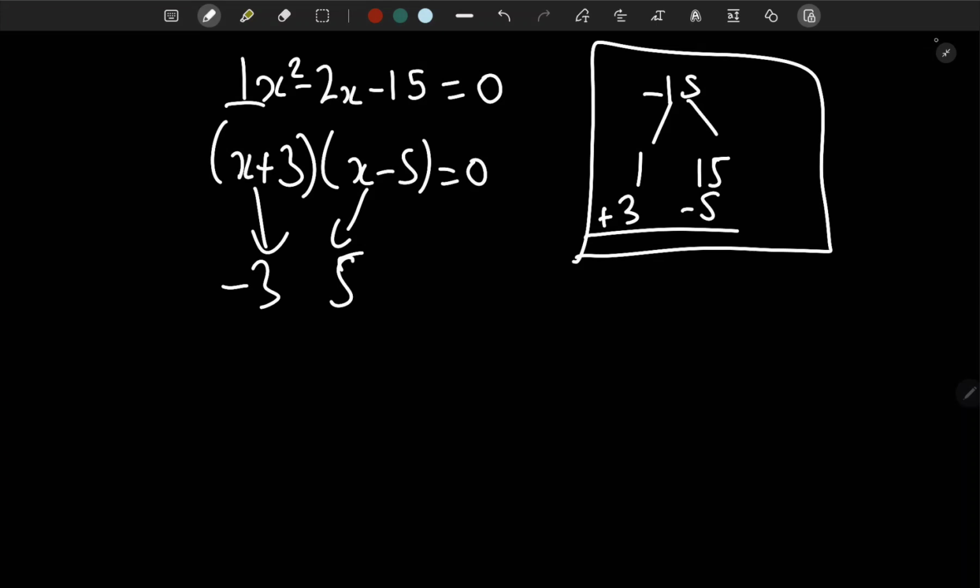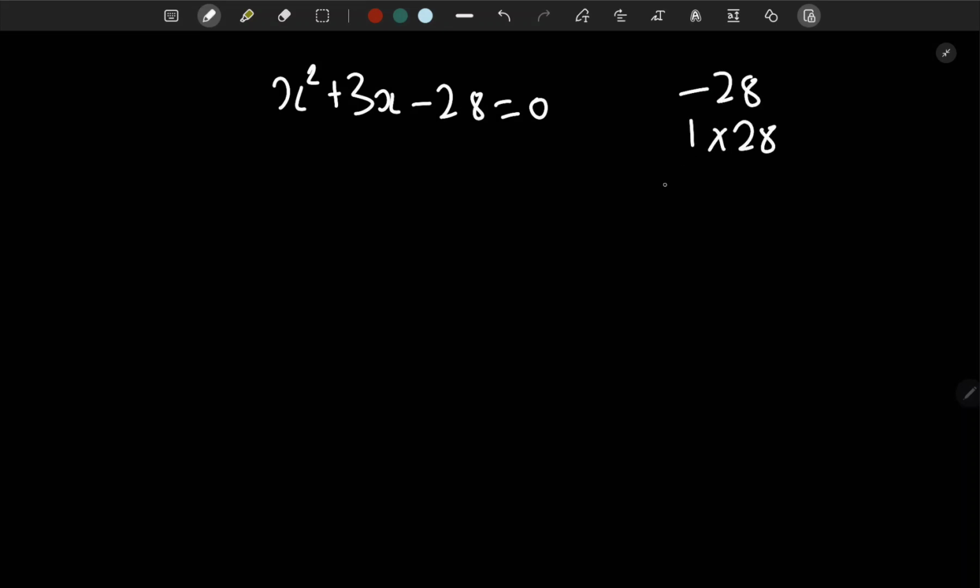Let's do more examples on this. Here we have x² + 3x − 28 = 0. Same steps again. Find two factors which multiply to negative 28 and add up to plus 3. Let's write it over here: 1 times 28, 2 times 14, 4 times 7.